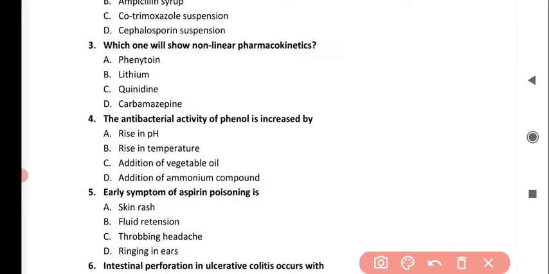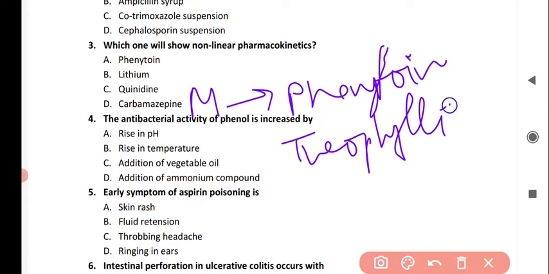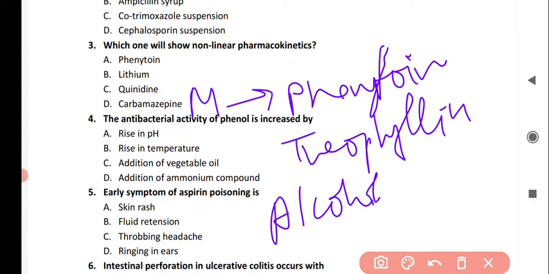Okay, then due to drug metabolism, the drugs include phenytoin, theophylline, alcohol, and carbamazepine.